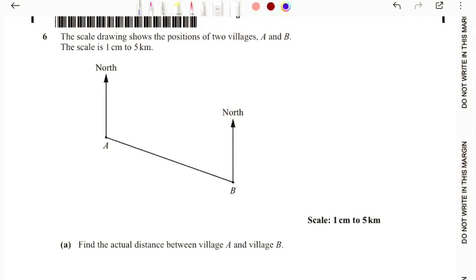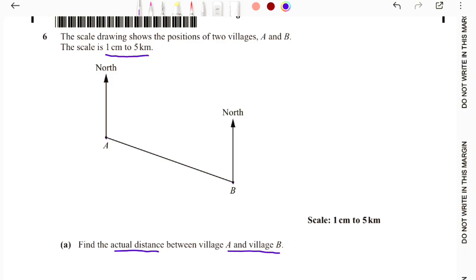The scale of a diagram shows the position of two villages A and B. The scale is given 1 centimeter to 5 kilometer. Find the actual distance between two villages A and B. Students, put your scale here at A and then at B and take the measurement.